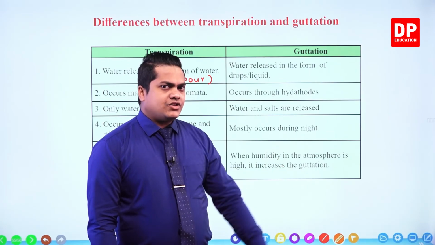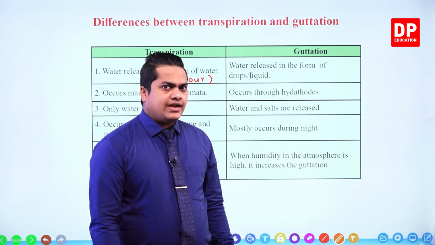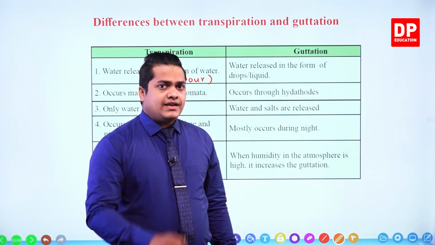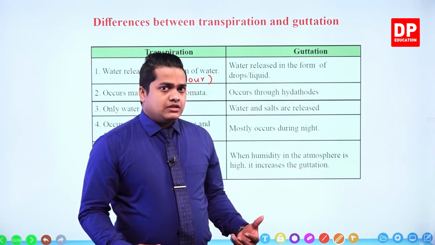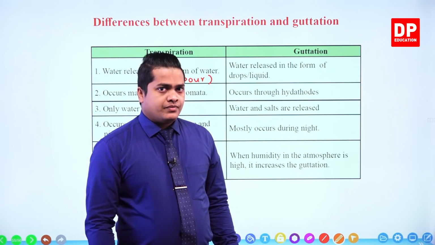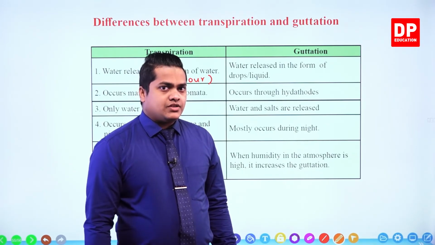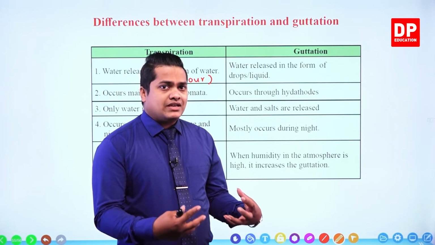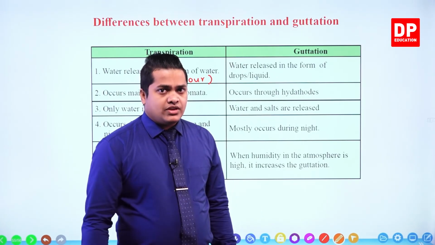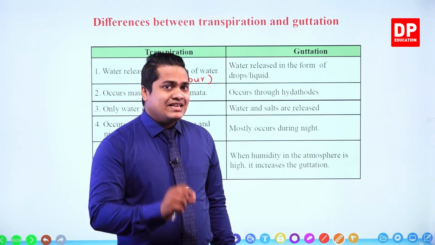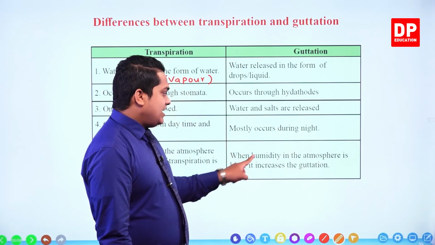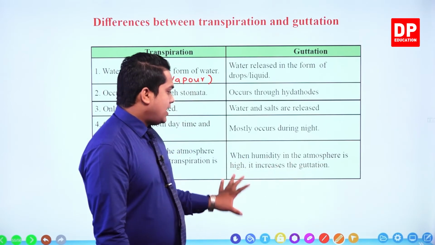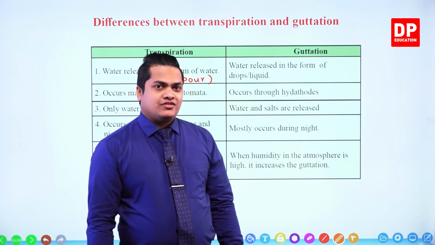We know that guttation mostly occurs during the night time period. During the night there is no sun, so the temperature is low. Upon having low temperature, a high amount of water particles gather around the environment. So, when humidity in the atmosphere is high, it increases the guttation.